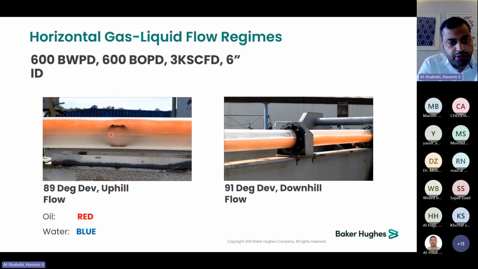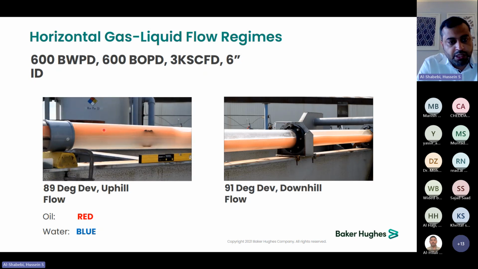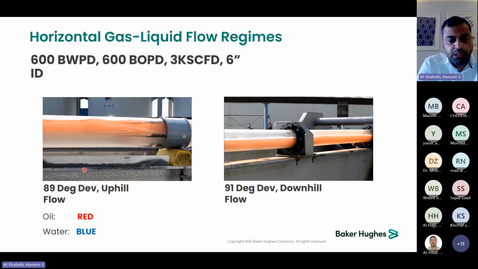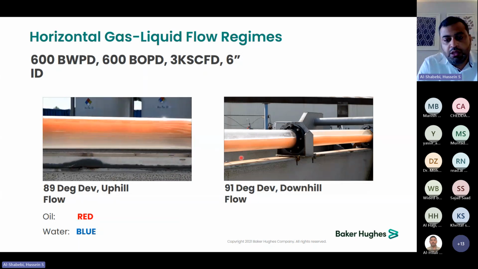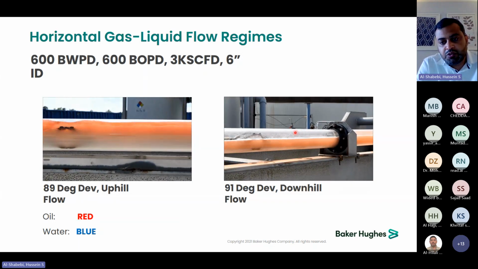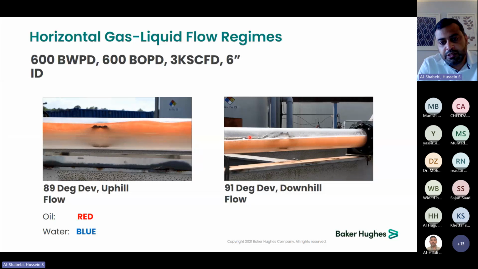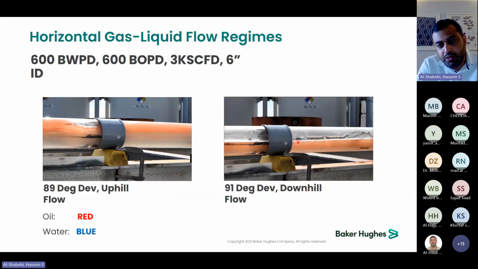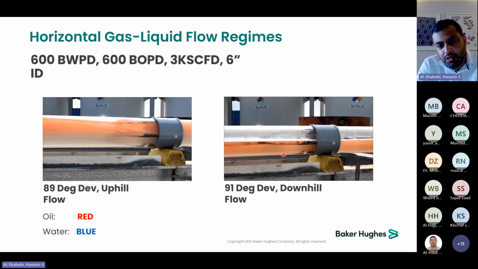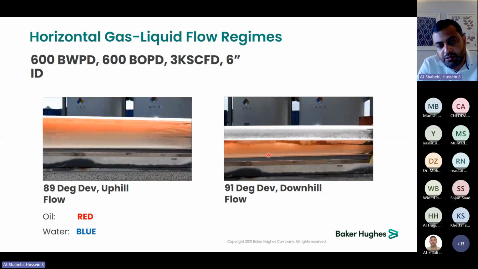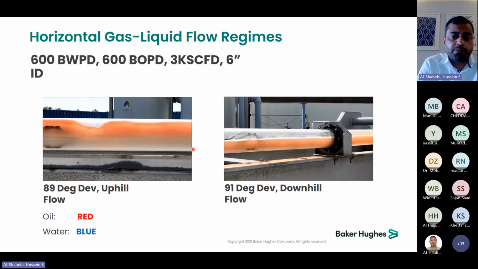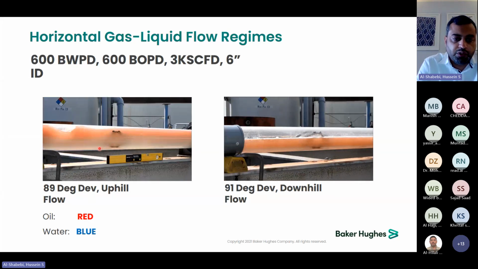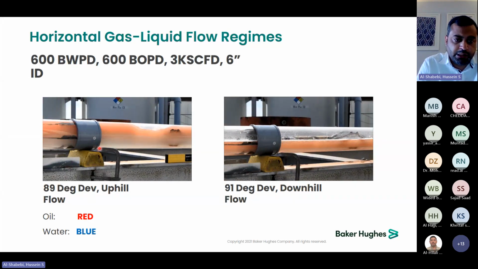And also you can see there is a mix or bubbles between the gas and oil layers over here. And just putting it back to 91 degrees, you can see things are getting more stratified now. The air is at the top, with a little bit of mix between air and oil, and the water is stratified at the bottom. So just a 2 degree change in the deviation can change the flow regime very drastically.